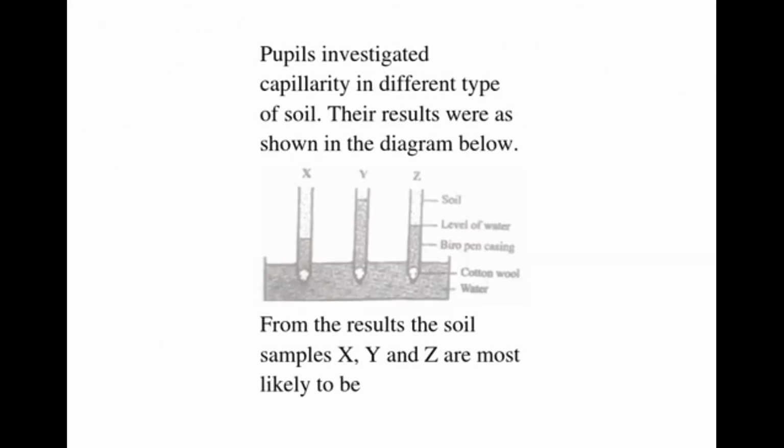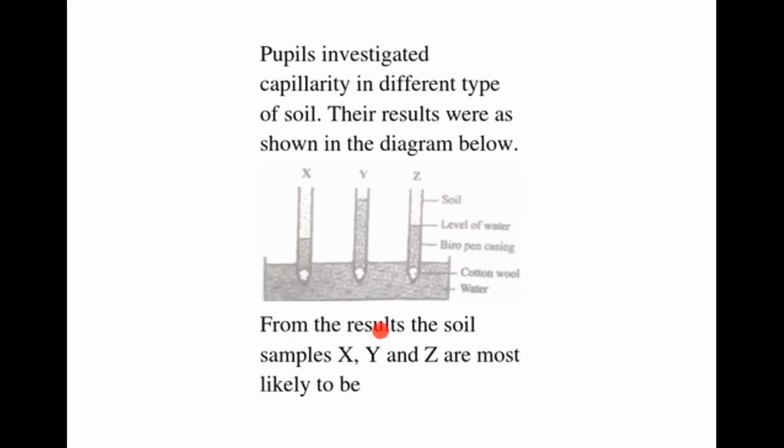Pupils investigated capillarity in different types of soil. Their results are as shown in the diagram below. We have soil X, Y, and Z. The level of water, the barrow-pen casing, then cotton wool, and then we have water.